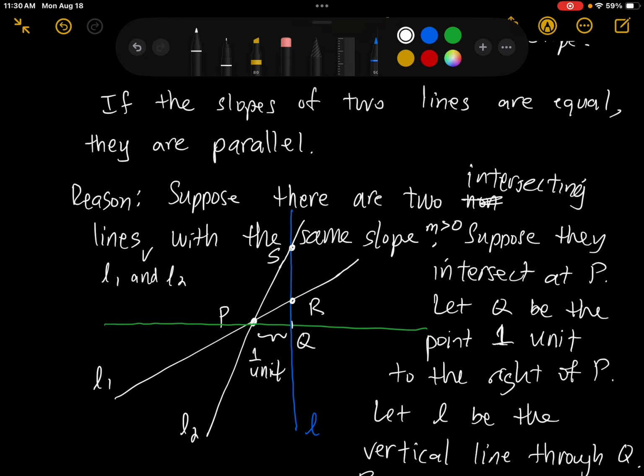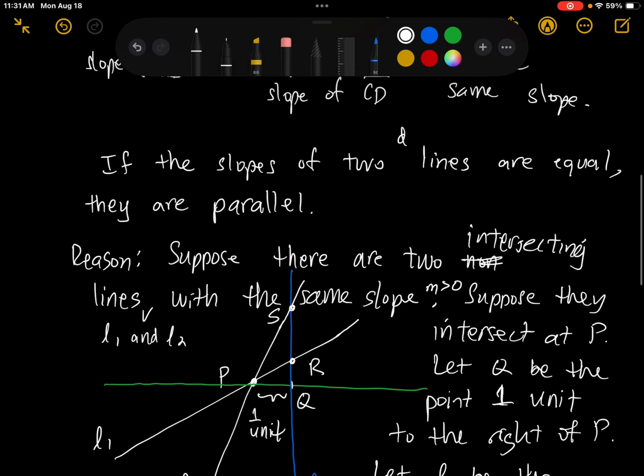So we wanted to show that if the slopes of two lines are equal, then they are parallel. If they weren't parallel, so we should say two different lines. If the slopes of two different lines are equal, they are parallel.